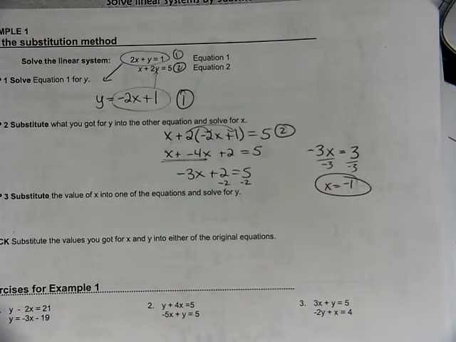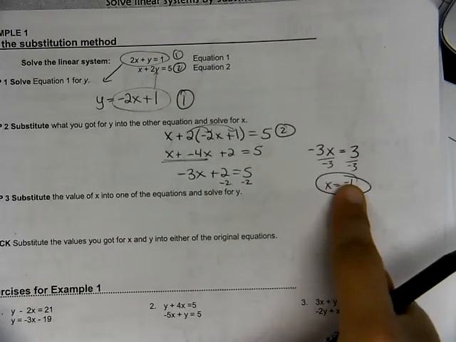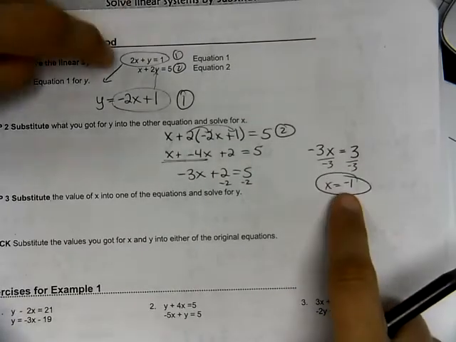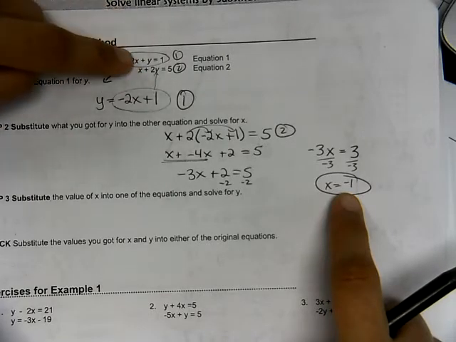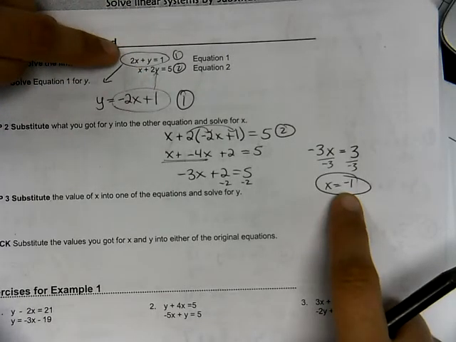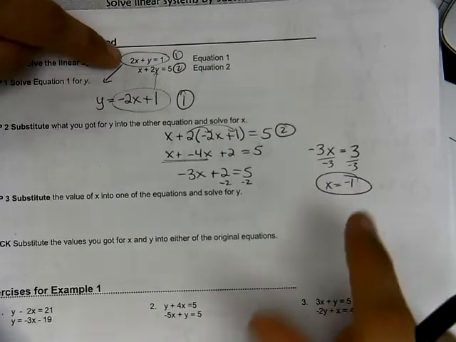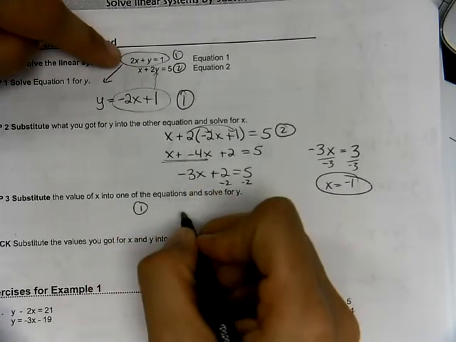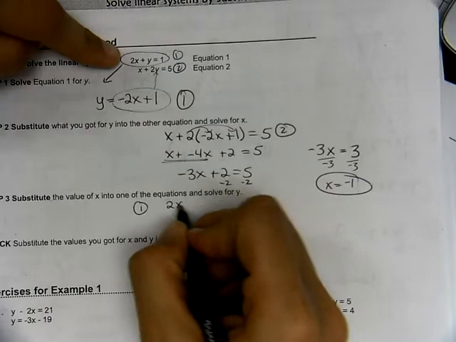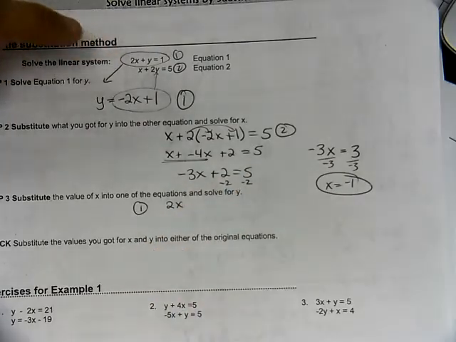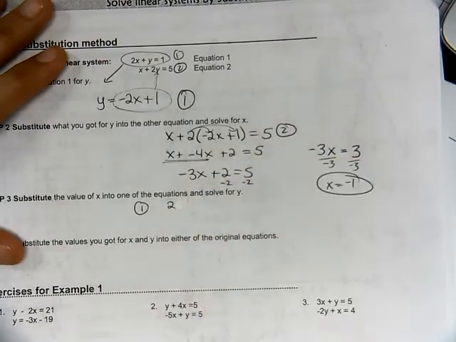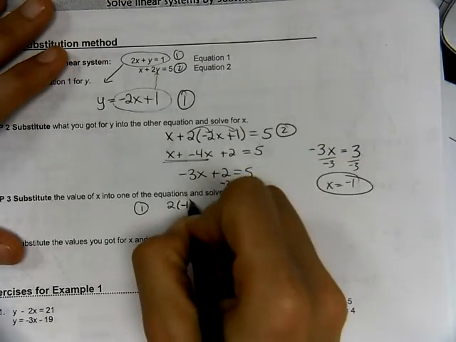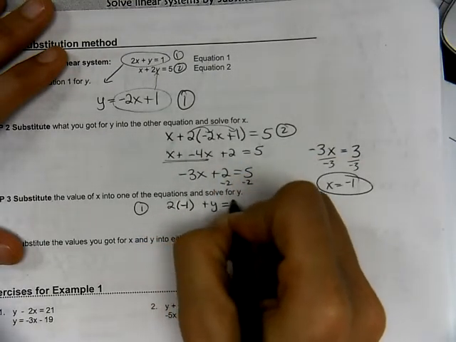Okay, good. Now that I have x, I can plug negative 1 into either one of the equations and solve for y. I'm going to go with equation 1. So 2 times negative 1 plus y will equal 1.